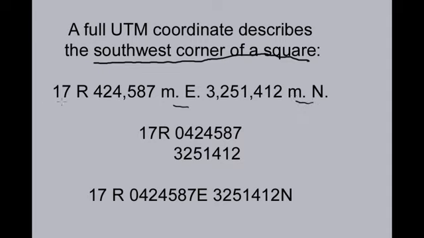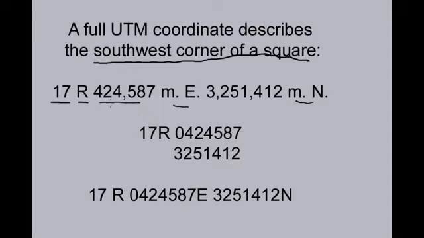In this case, we know that the southwest corner of this particular square, which by the way is located in Florida's Ocala National Forest, is located in Zone 17, Quadrant R, and it is 75,413 meters west of the zone meridian, and the reason we know that is because the zone meridian is given an arbitrary value of 500,000 meters east.